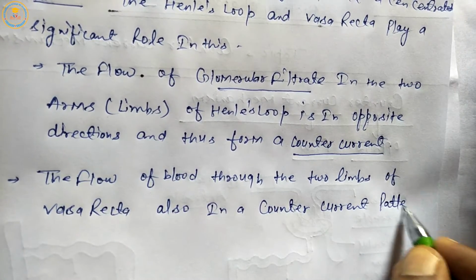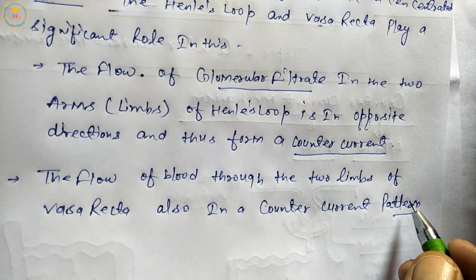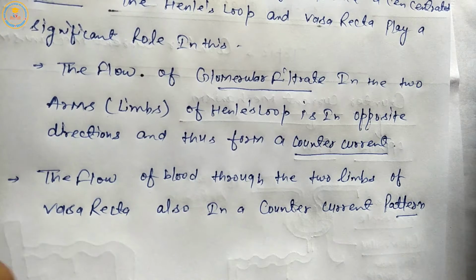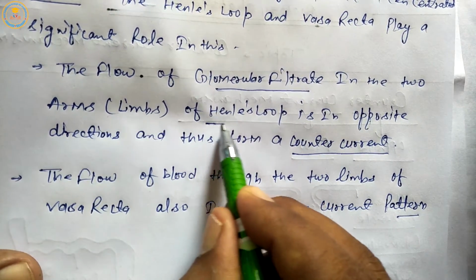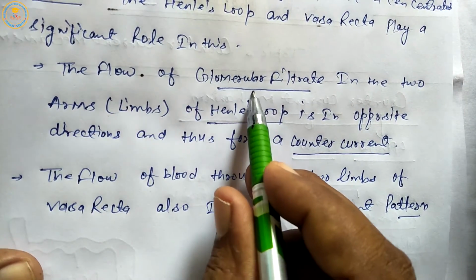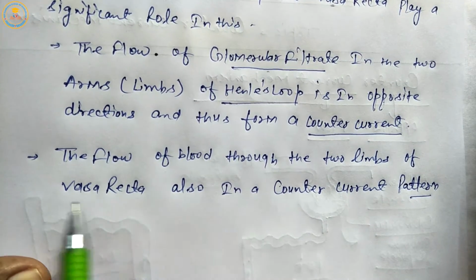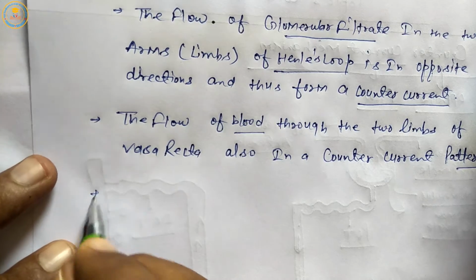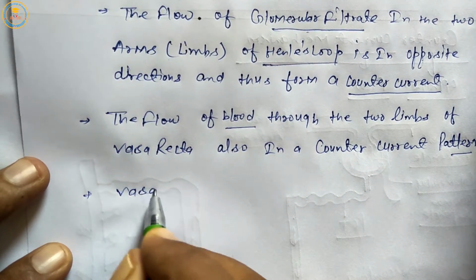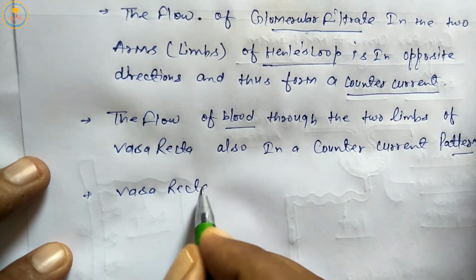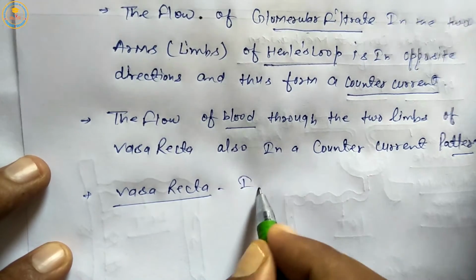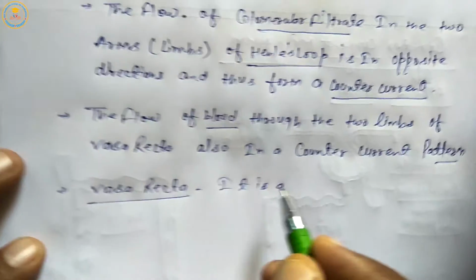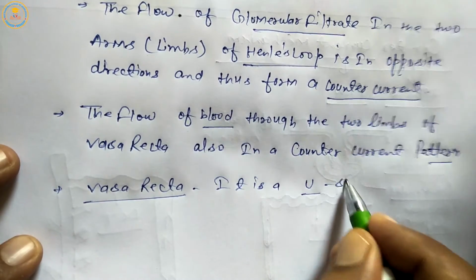So students, in Henle loop part flows the glomerular filtrate, but in vasa recta flows the blood. Next is vasa recta. It is a U shape structure.